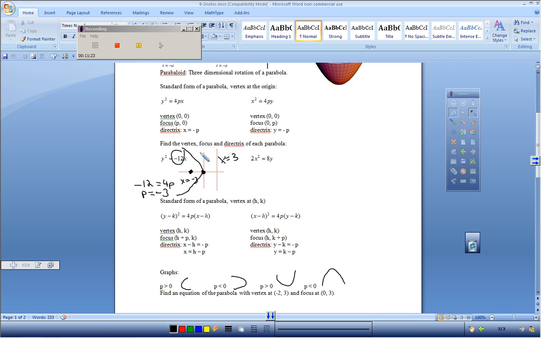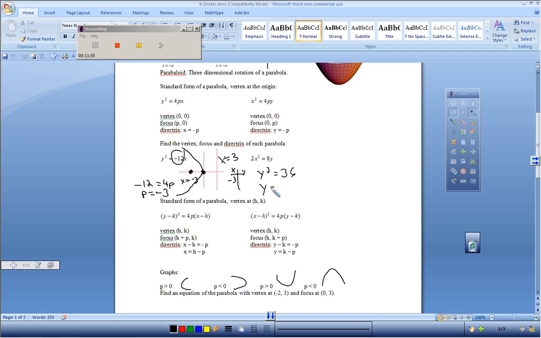Now another nice thing to do would be to pick some other points on that parabola. So say I plug in the point x equals negative 3 in here. So if I make a little table of values, x, y, and I plug in negative 3 for x and solve for y, I get y squared equals 36.